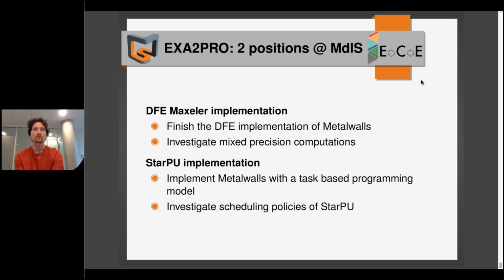Having fixed precision or single precision, at least, you have a factor of 3. You need 3 times fewer DSPs to make single precision floating point operations compared to double. So you really have a factor of 3 here, not a factor of 2 like on a CPU.